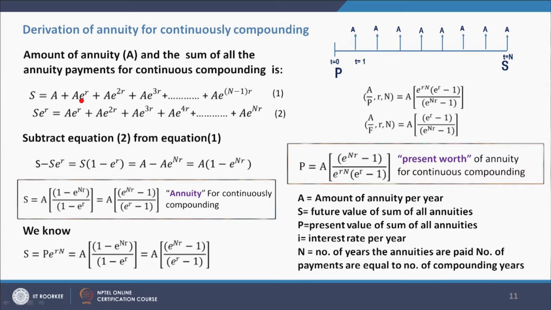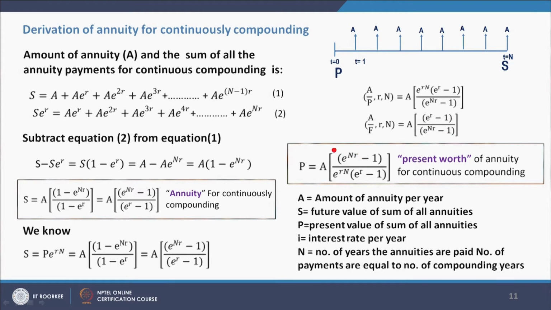Now, the annuity factor can be defined like this: A/P, r, n is equal to A[e^(rn)(e^r − 1)]/(e^(nr) − 1), and the factor A/F, r, n is A(e^r − 1)/(e^(nr) − 1).